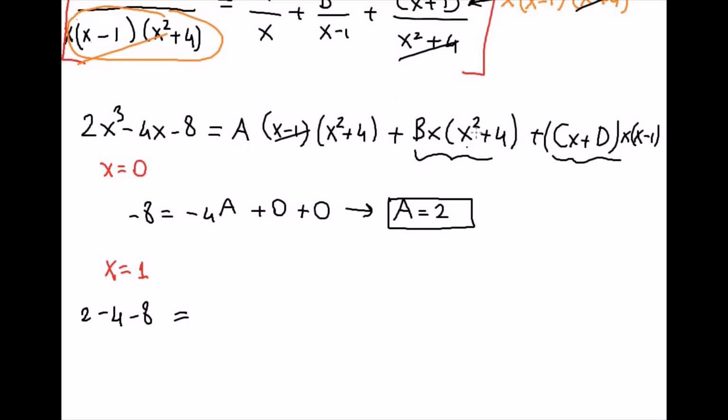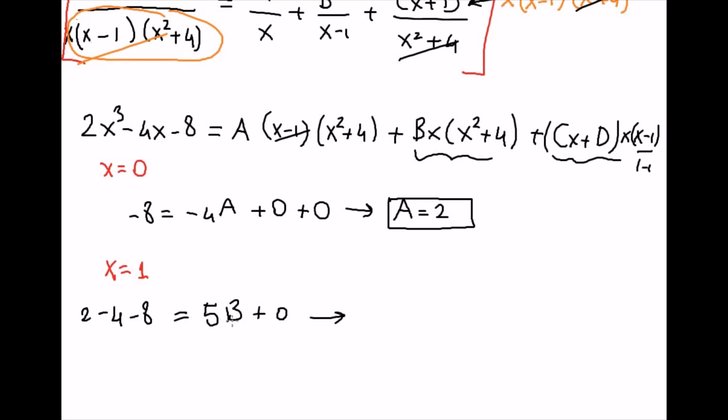And 1 squared is 1, plus 4 is 5, and 5 times 1 is 5. This is going to be 5B, plus here we have x minus 1, which is 1 minus 1 is 0, so everything else is 0. So 0.